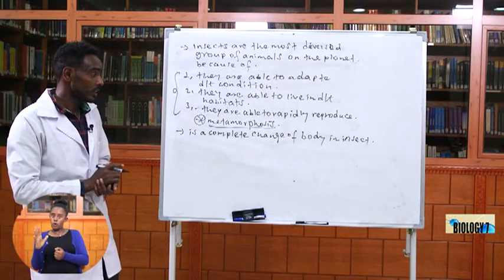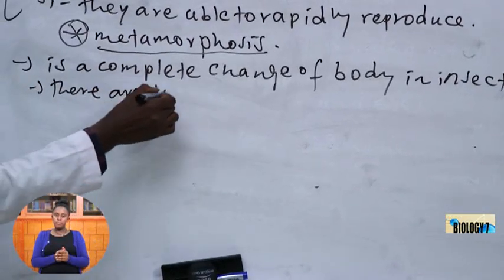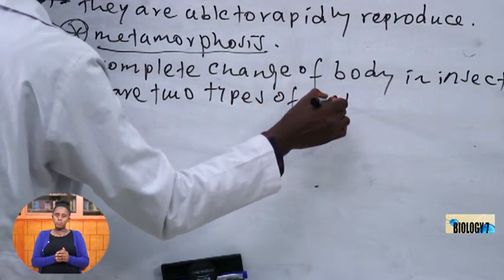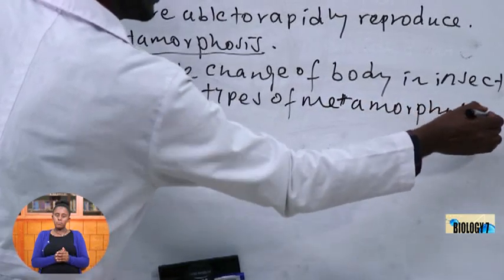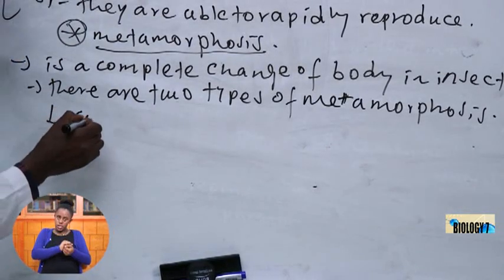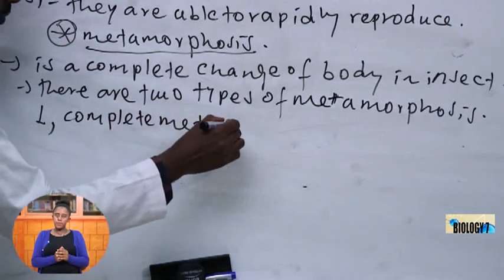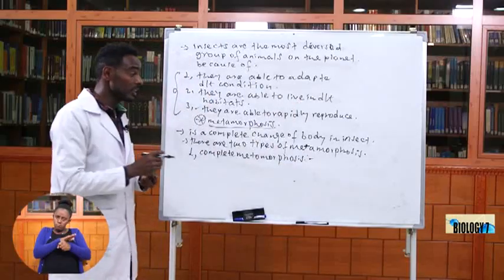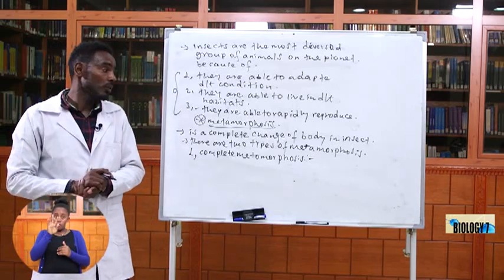There are two types of metamorphosis. The first one is called complete metamorphosis. Complete metamorphosis is a complete change of body in insects which involves four stages.